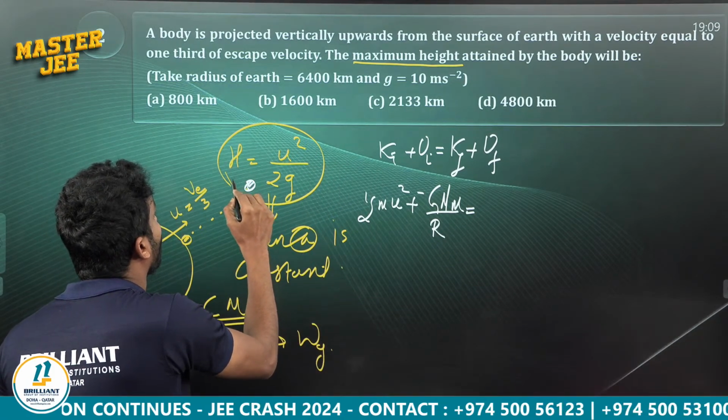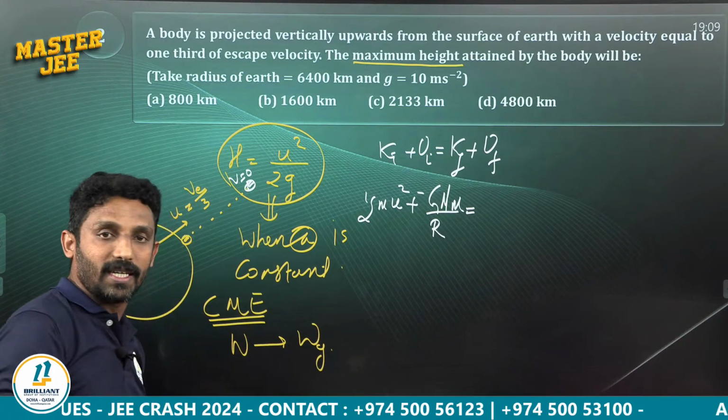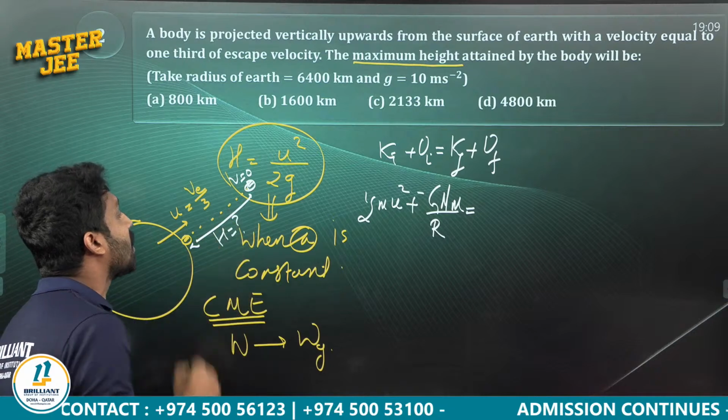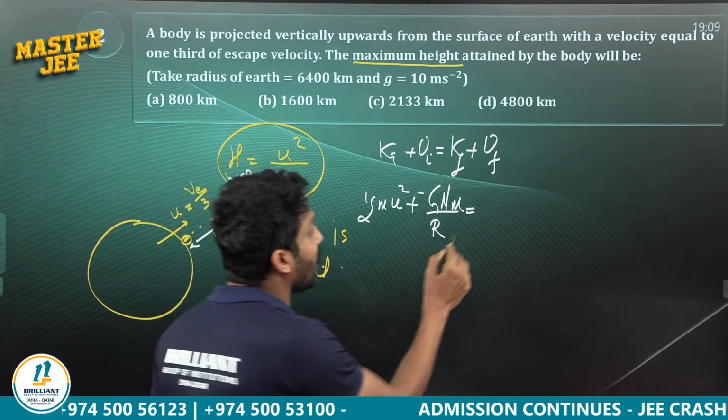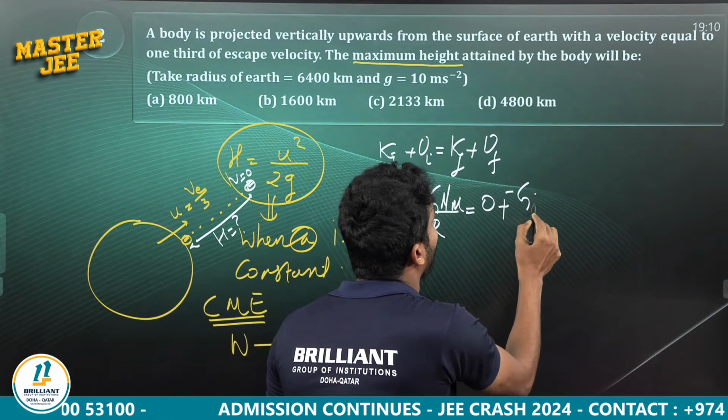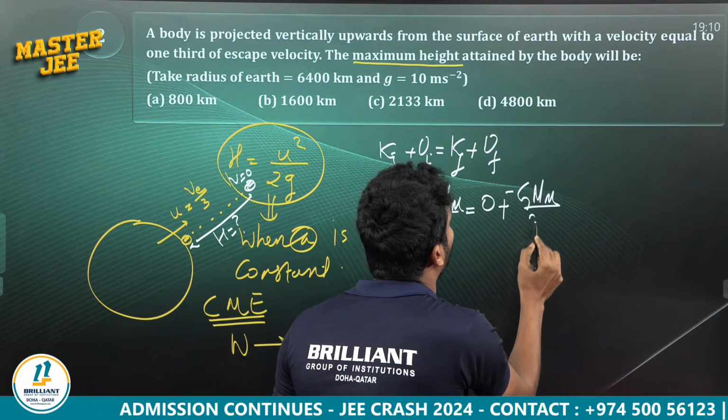When the body comes to rest, its final velocity is 0, so the final kinetic energy is 0, and the final potential energy is minus GMm divided by small r.